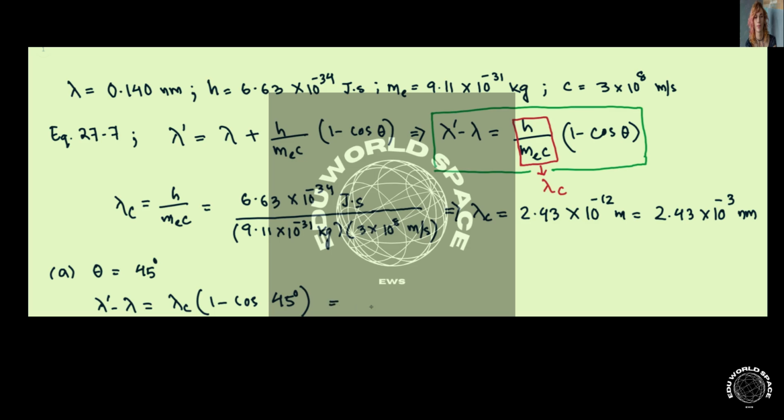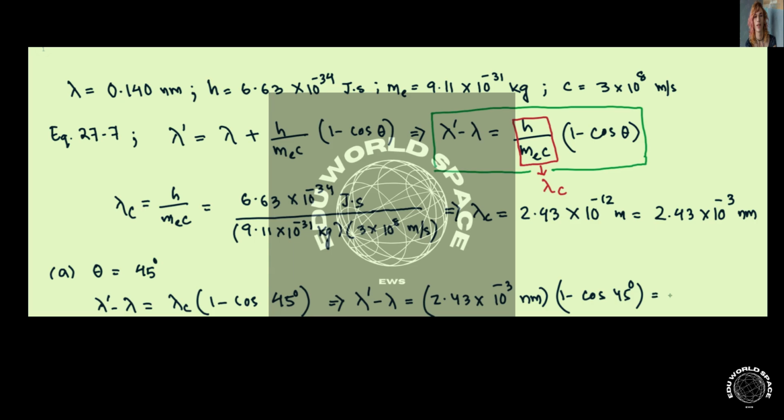So this gives lambda dash minus lambda to be 2.43 times 10 to the power minus 3 nanometer times 1 minus cos of 45 degree.